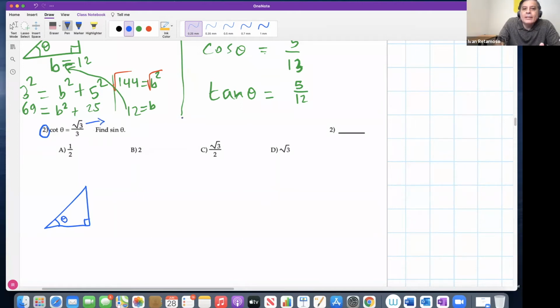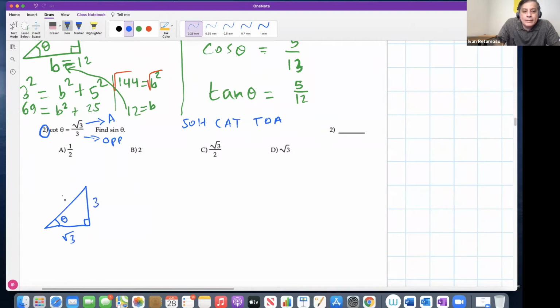But this, from SOHCAHTOA, cotangent is the reciprocal of tangent, right? Tangent is opposite over adjacent. So this should be adjacent over opposite, right? So adjacent should be a square root of 3 and opposite should be 3.